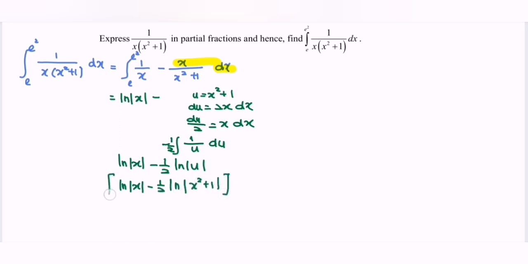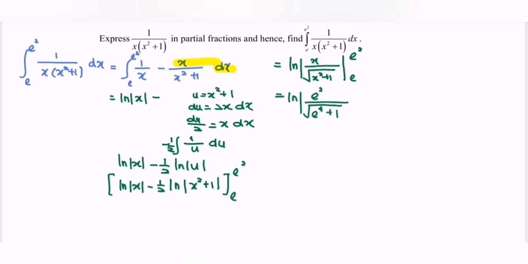Where we have the limits, e to e squared. So kindly substitute the values. Here we have ln of x over the square root of x squared plus 1. So the values will be e squared and e. If we substitute, we will have ln e squared over the square root of e to the power 4 plus 1.